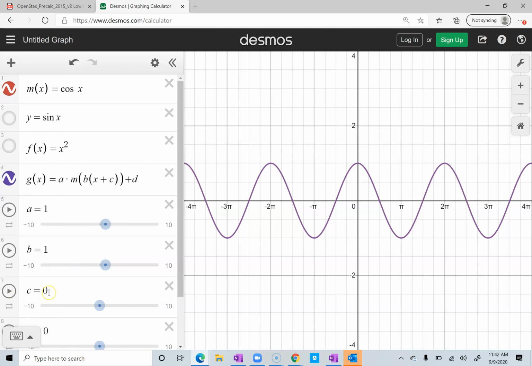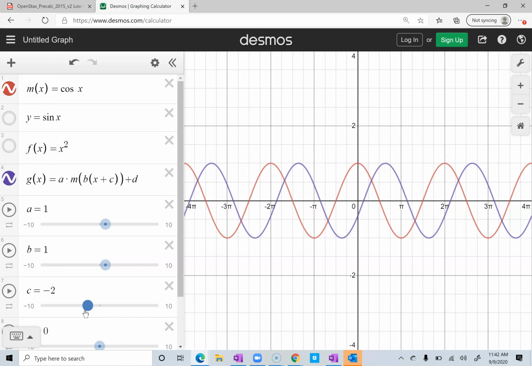What's C going to do to us? Correct. If C is positive, the graph moves left. If C is negative, the graph moves right. D's the midline, but isn't A also called the amplitude? They all have words.